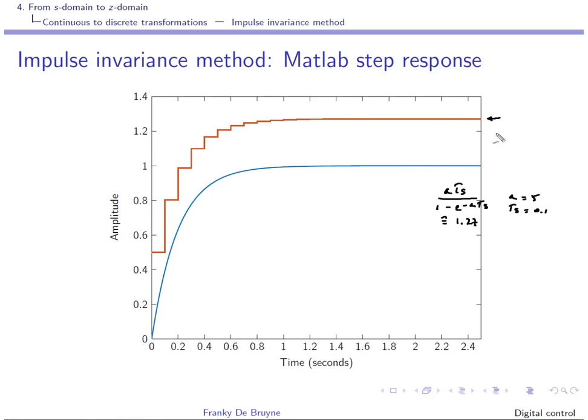Okay, but what we can do now is the same kind of experiment with a Ts that becomes smaller and smaller, and you will see that then the step response of the equivalent impulse invariant description will start to match better and better with the continuous time step response.